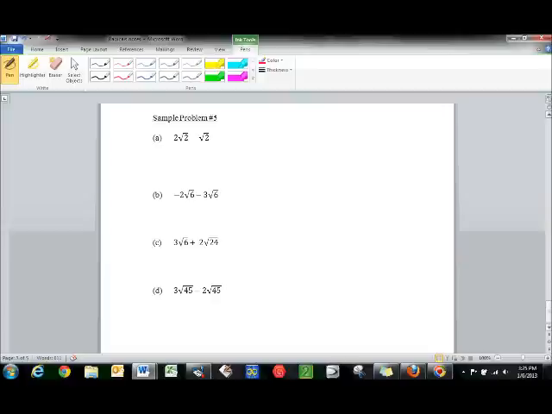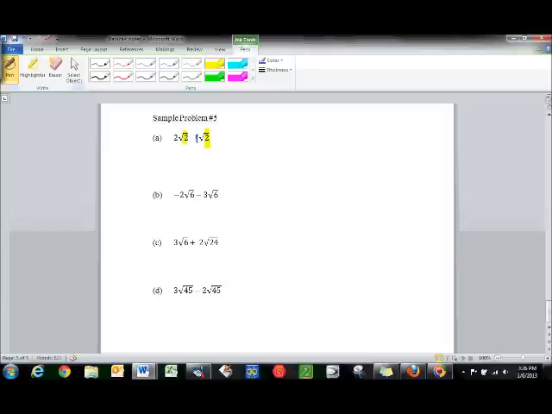Okay, if we look at part A, the first trickiest part about this problem is we're taking square root of 2 minus square root of 2. And you're looking at it and it looks like there's nothing to subtract. But we have to remember, it's just like having an understood 1 in front of there. So now I have a square root of 2 term and a square root of 2 term on each of them.